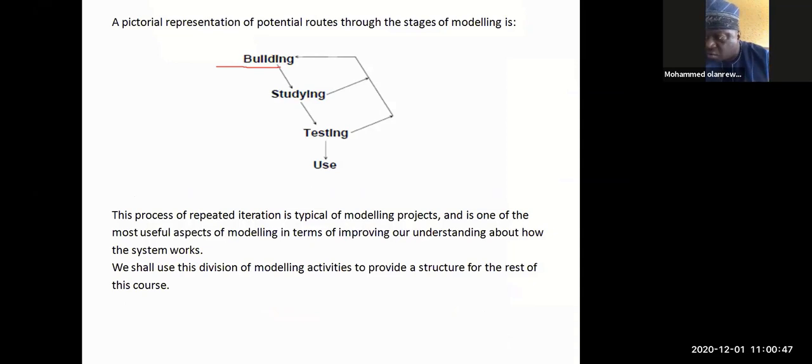If you are building an equation, building, then studying, testing, and then using the model. This process of repeated iteration is typical of modeling projects. That is, we build a model, for example the flow diagram, because from the flow diagram, one will be able to see the missing link between the previous literature and the current work.